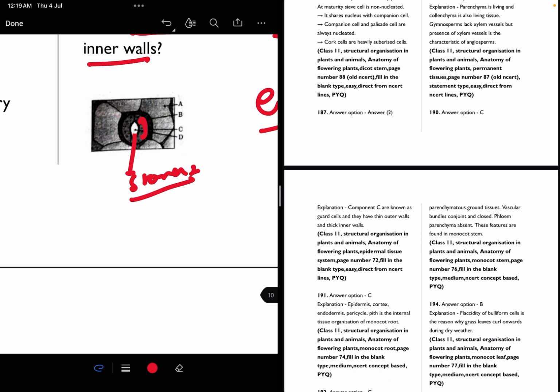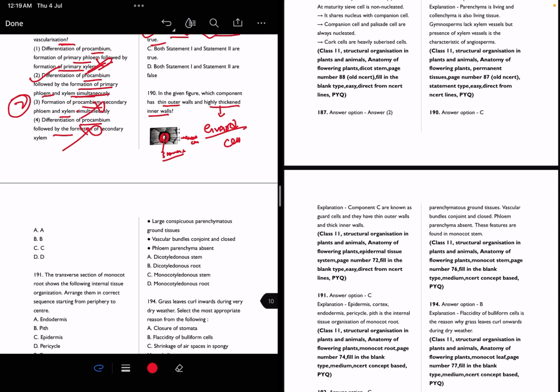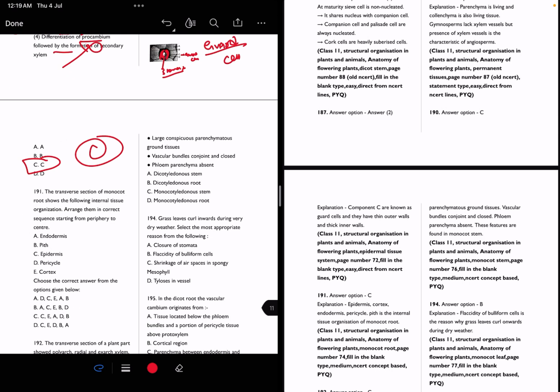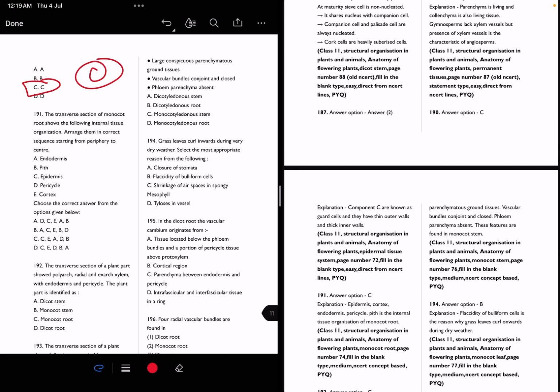These cells are guard cells. So guard cell only, the option is C. C is the correct answer. Now move ahead to question 191.